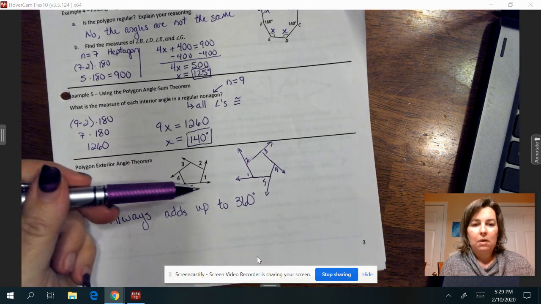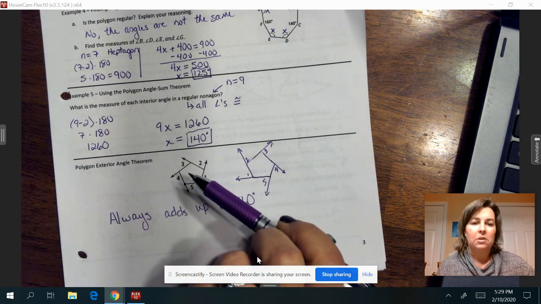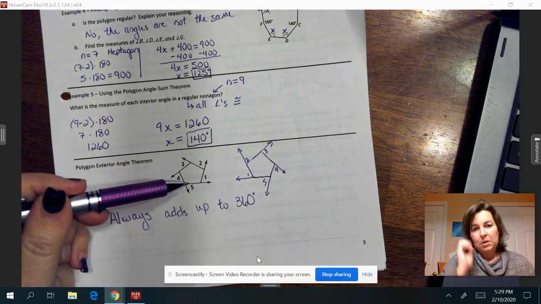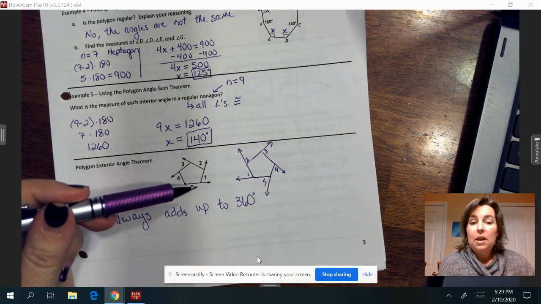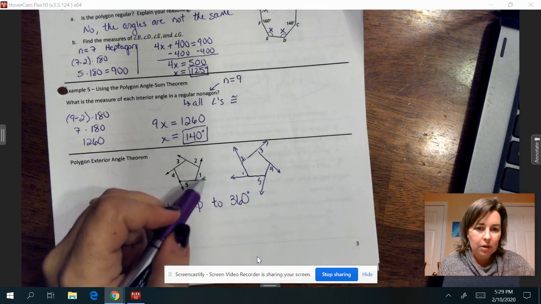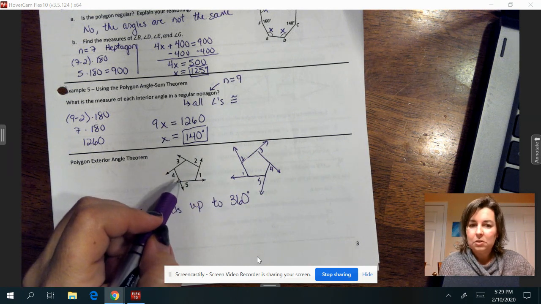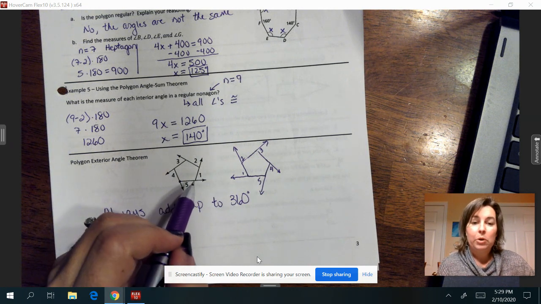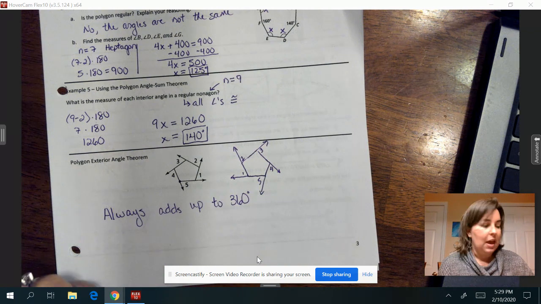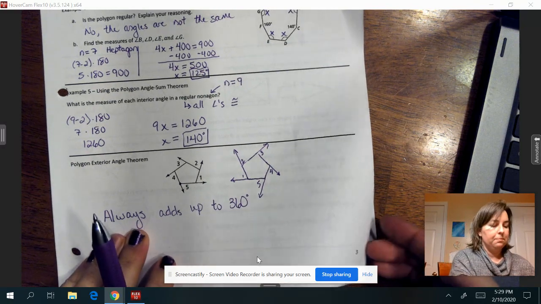And so the amount you have to turn at each vertex is actually the exterior angle. Okay, so imagine walking around any polygon. You turn at each vertex so you can go down the next side. And since you're walking around the whole polygon, you're basically walking in a circle. It's a pointy circle, but it's still a circle. And hopefully you know that a circle is 360 degrees. And that's where this 360 degrees comes from.